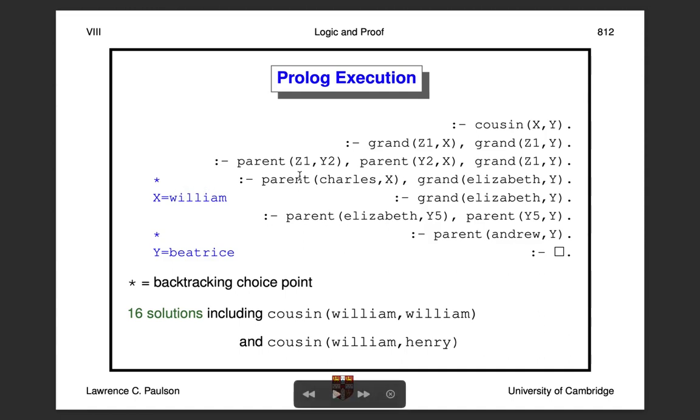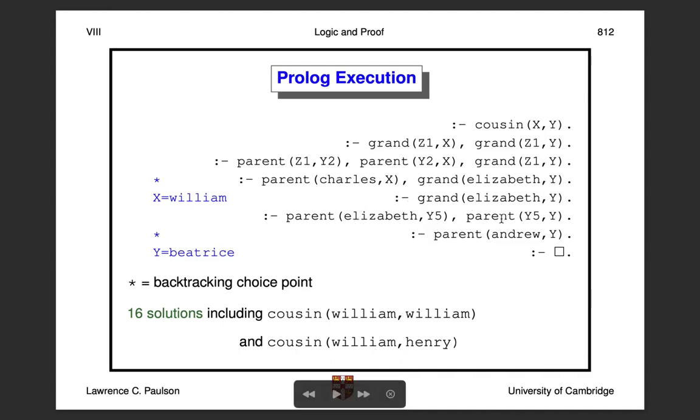Now, where are we now? We are at parent Charles X. X will become William, and we have grandparent Elizabeth Y to solve. Going through our program clauses again, there's only one way to solve a grandparent relation, which is to solve the two parent relations.